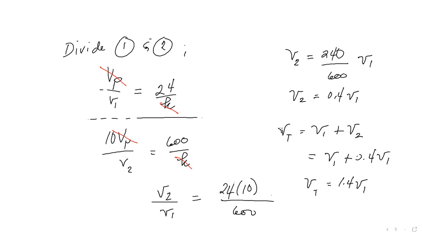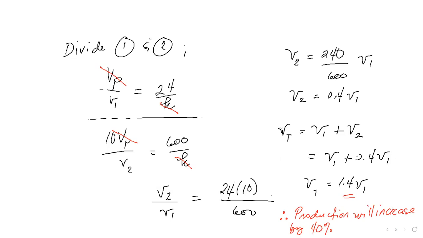That would be this 0.4, because originally you only solely have V1. So therefore, production will increase by 40%. Okay, that's for our letter A.